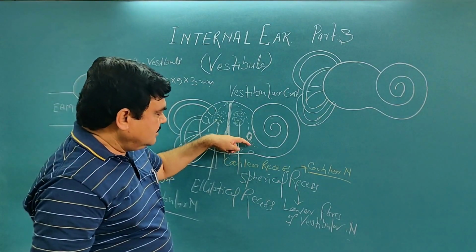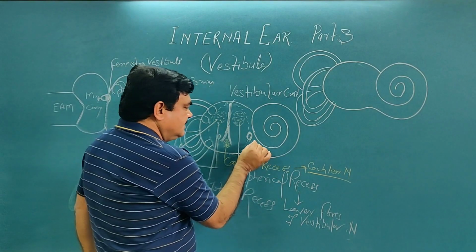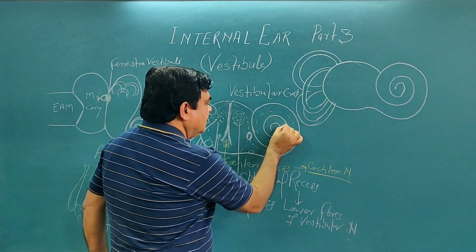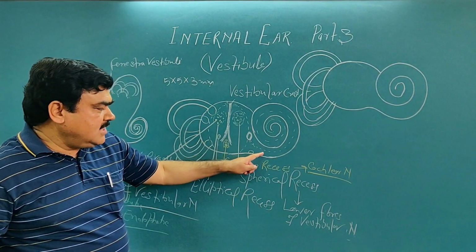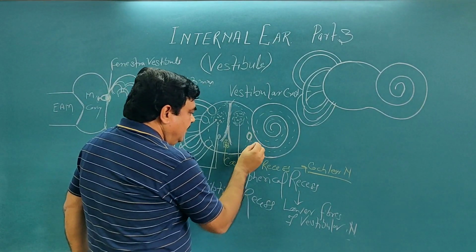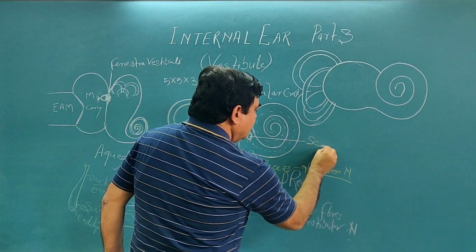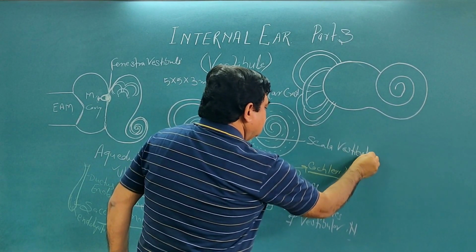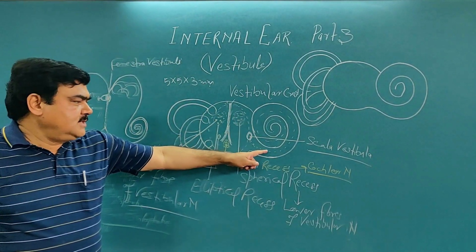And as you know from previous lectures, the spiral lamina passes through this, like this, and it divides into scala vestibuli and scala tympani. So this opening communicates with the scala vestibuli. This tube is the scala vestibuli.